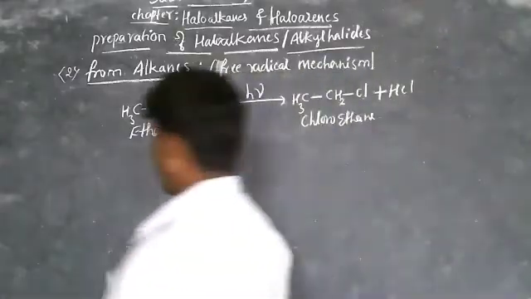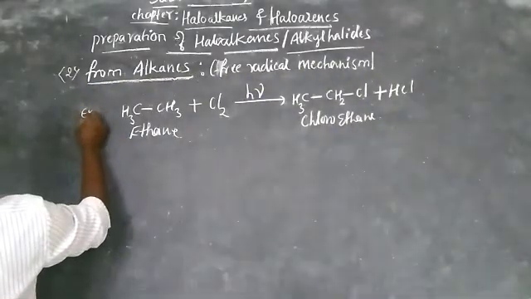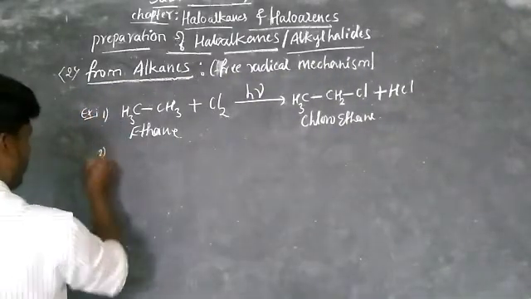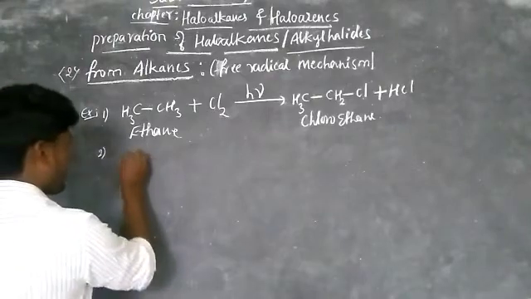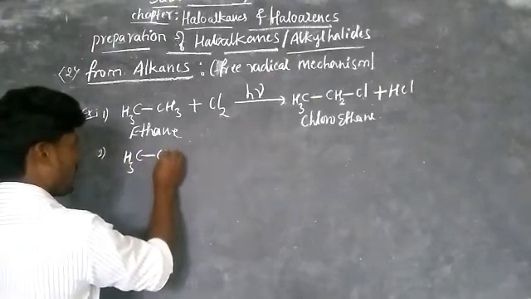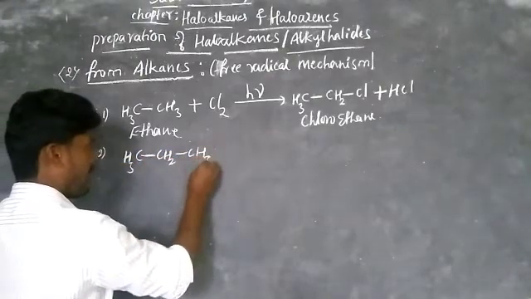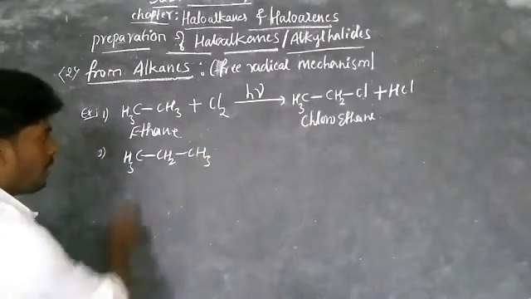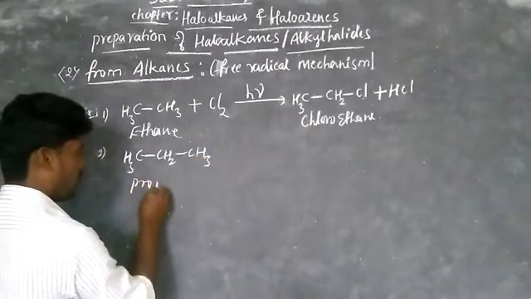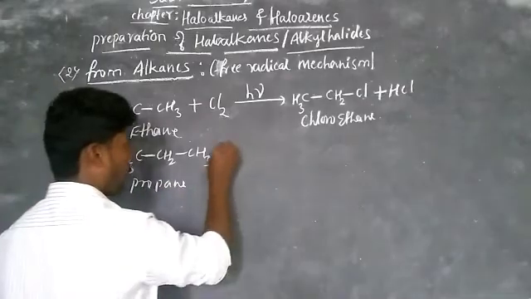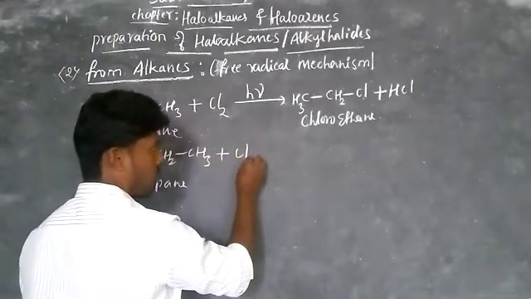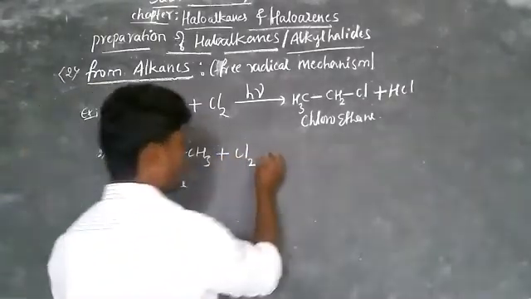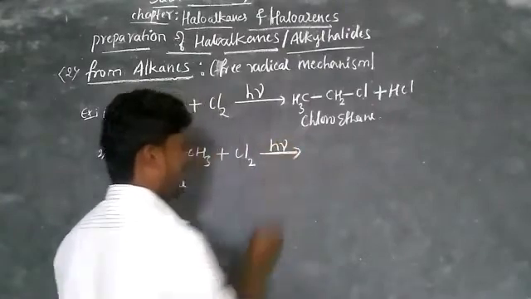Similarly, observe one more example. Take CH3 bond CH2 bond CH3. That is called propane. This propane is treated with chlorine gas in presence of diffused sunlight.